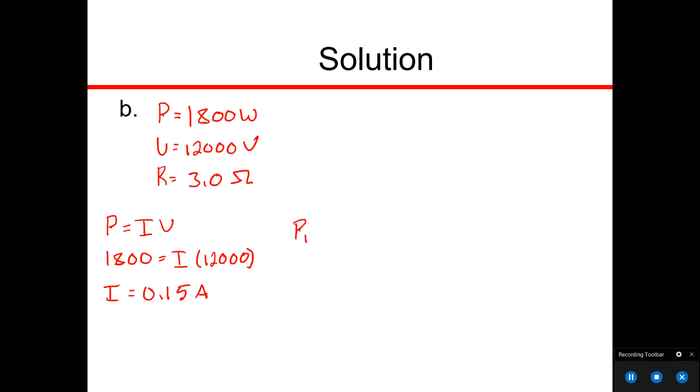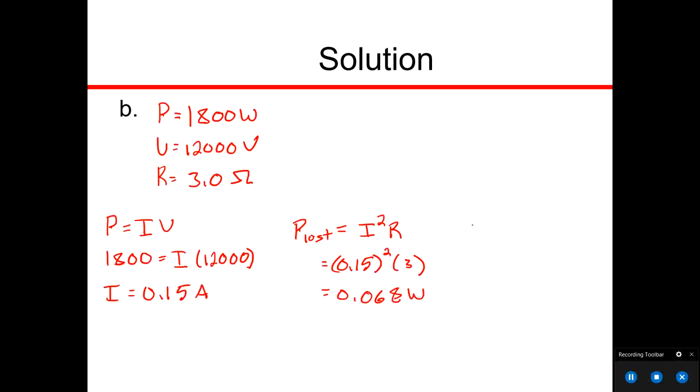We then get our power that's lost in the system by doing I squared times R. 0.15 squared times 3, which is 0.068, much smaller than the last one.